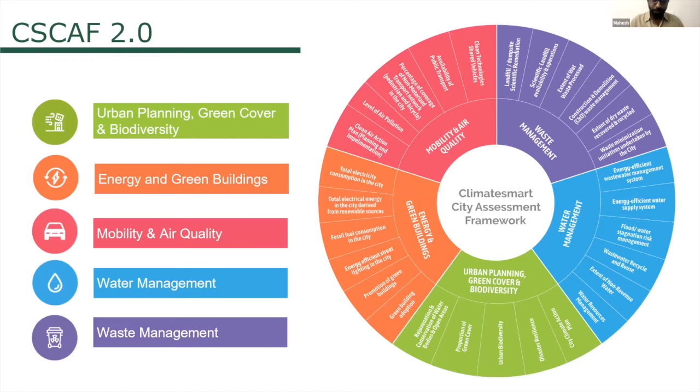So how do we overcome it? We came up with a very ambitious goal of trying to monitor 28 key indicators across 96 data points over 5 thematic areas. These thematic areas include urban planning, green cover, biodiversity, energy and green buildings, mobility and air quality, water management, and waste management.